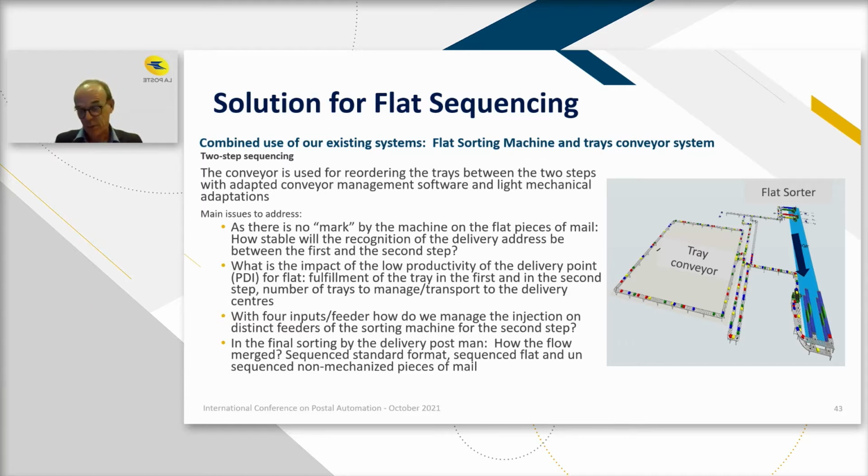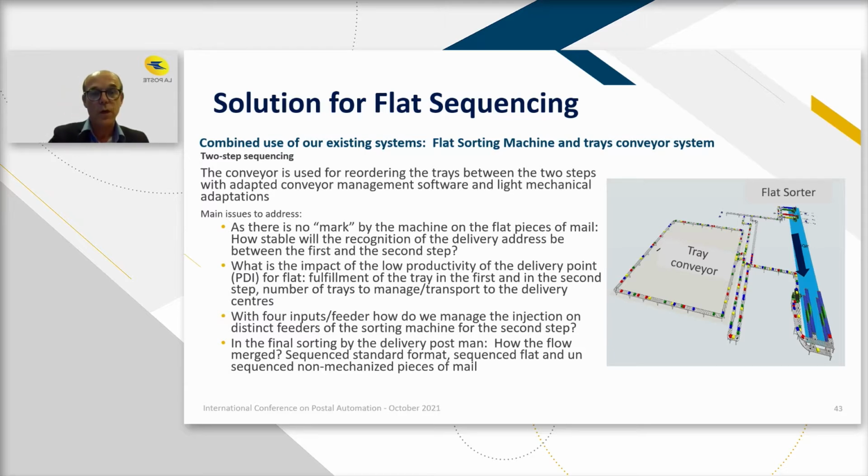The next point is that we have, as I said before, not 1 injector on this machine, but 4, and we also have to give an order when we inject in the second step according to these 4 injectors. And last but not least, when we give these sequenced flats to the delivery postman, he will have to merge these flat sequences with standard sequences and also with unmechanized mail.